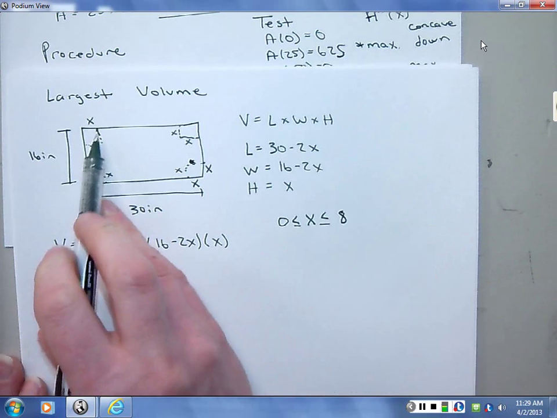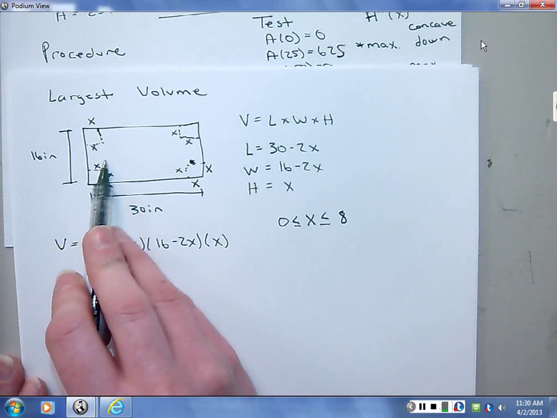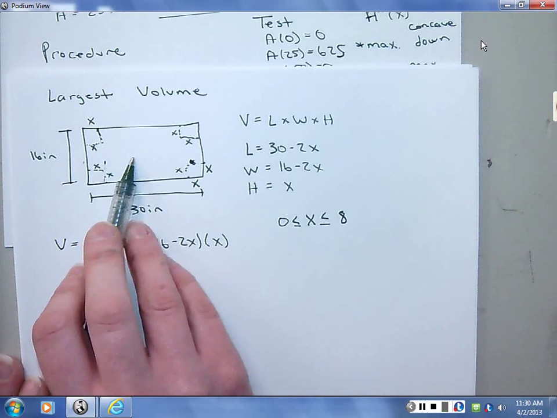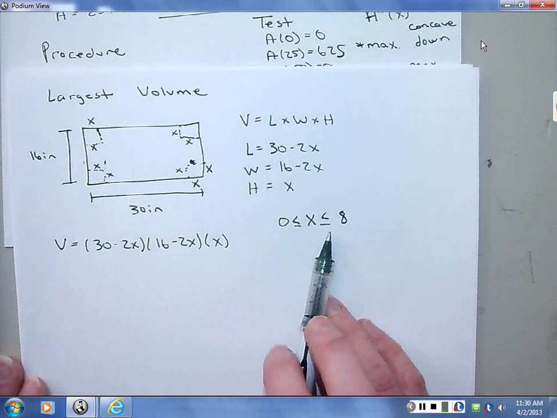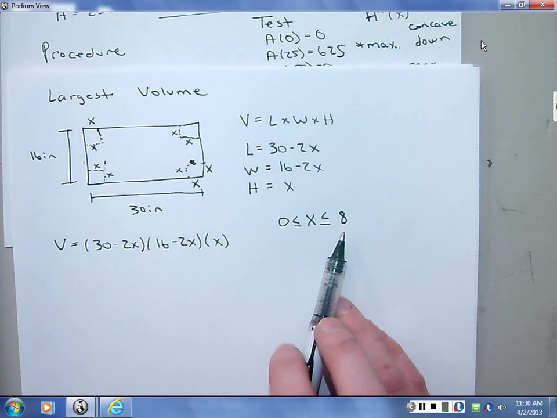Because if I cut 8 here and 8 here, I don't have any width left. So the maximum it can be is 8. So when I want to test my critical points, I can test 0, a critical point, and 8 to see if it's going to be maximum or minimum. Or I can do the second derivative test, either way.